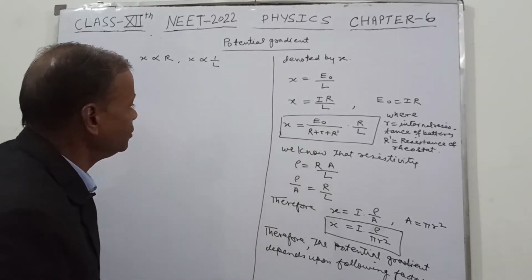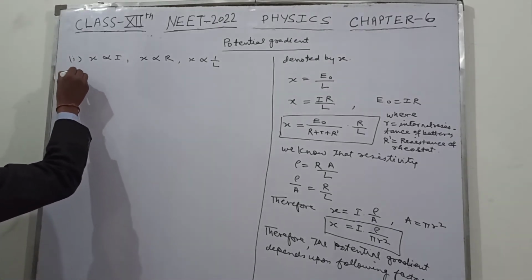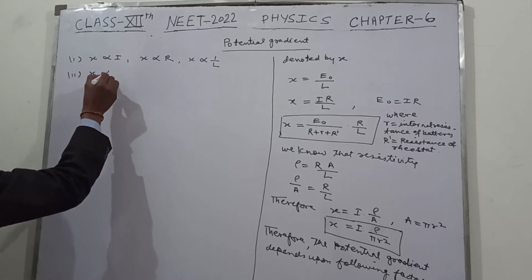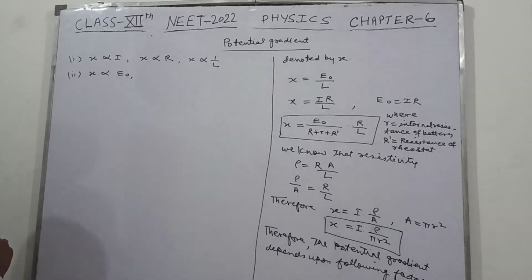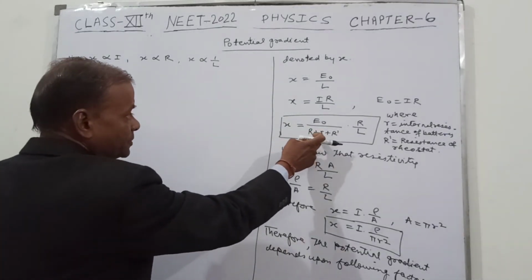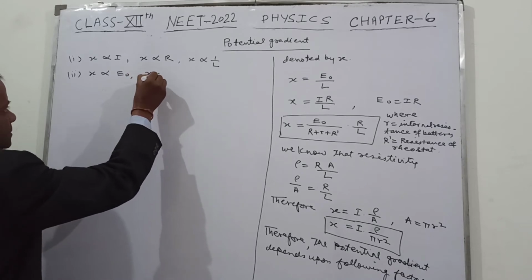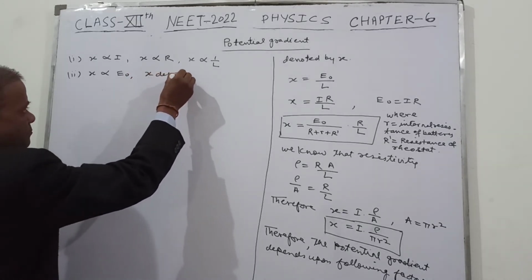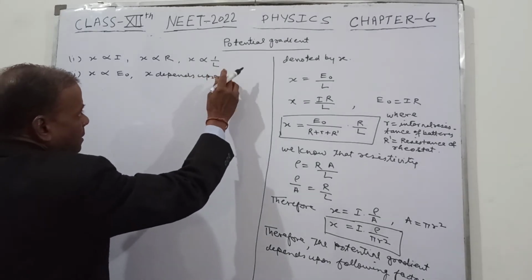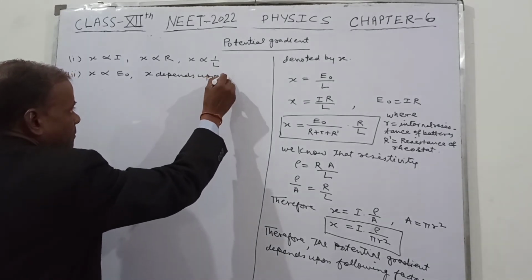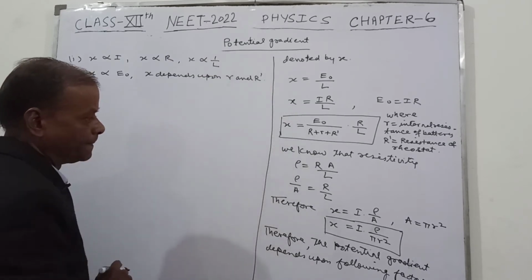It depends upon E naught. Second, X is proportional to E naught. And then X depends upon R and R dash.